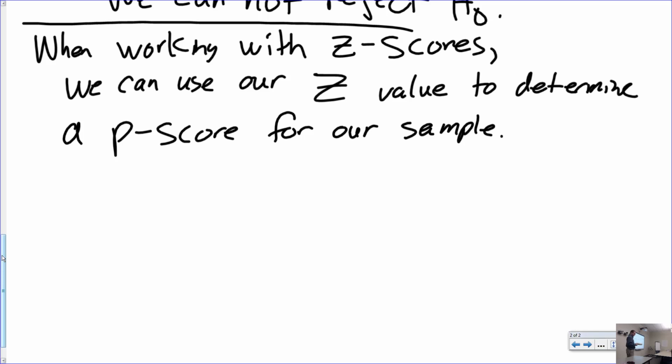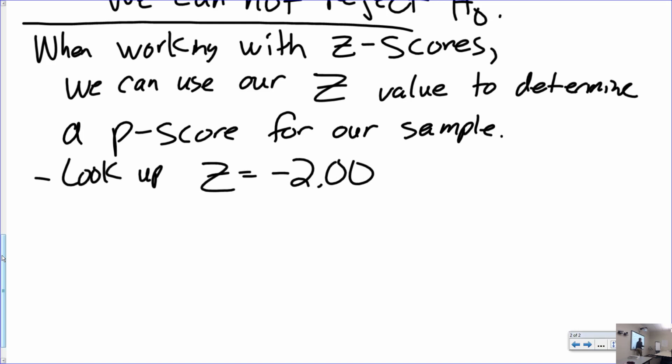So in other words, look up, let's see, negative 2.00, right? Look up z equals, and note we use the negative because that gives us the smaller value inside of our z tables.